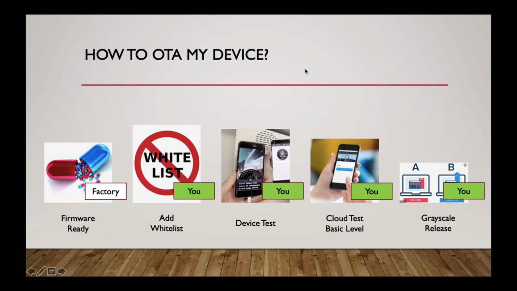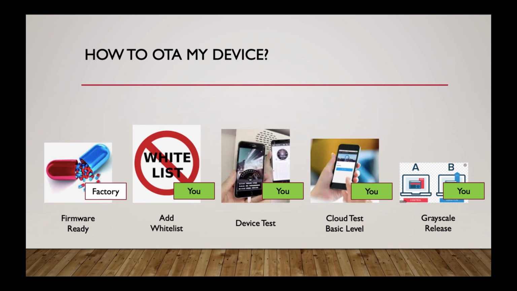And again, I go back to summarize how I obtain my devices. We understand that we need the firmware version and the functions from the factory in order to make my customers happy.